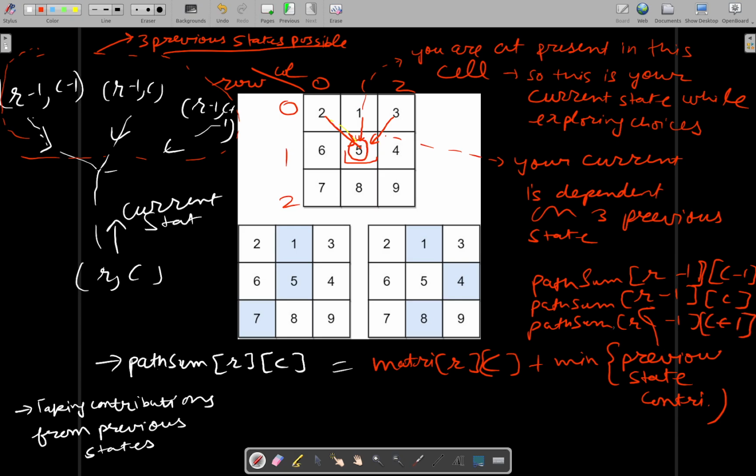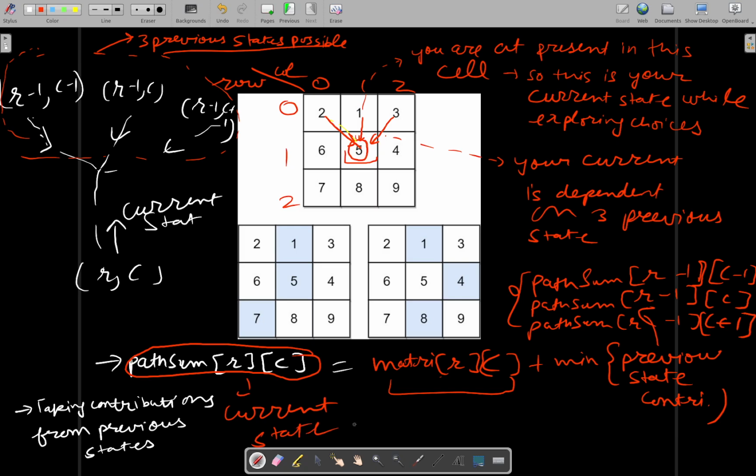Whatever is giving you the minimum, you will take that and add it to the value of the current cell. That will be your result for the current state.